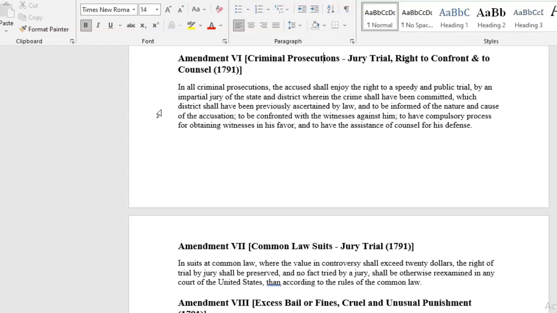The Constitution says that I can have the assistance of counsel for my defense. Yet the courts want to say that counsel has to be a bar card attorney, but that's not what the Constitution says. So again, they're trying to give us the okey doke and basically change what the law is and make it contrary to the Constitution.